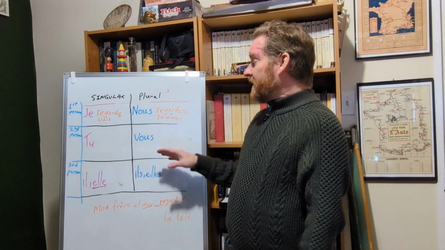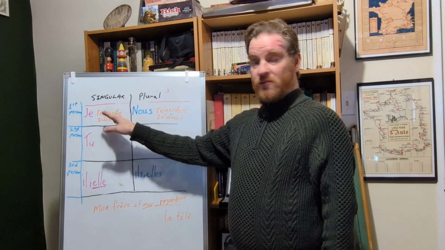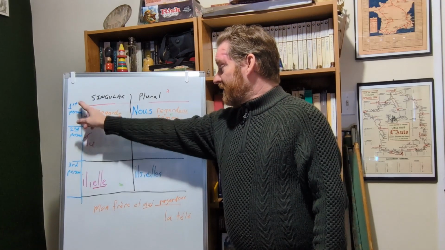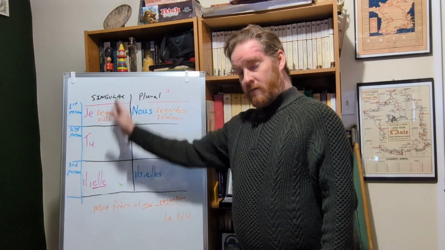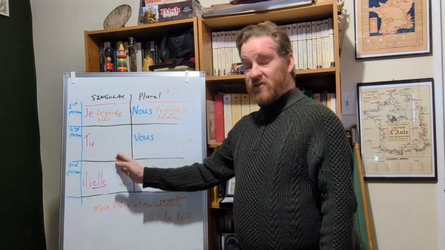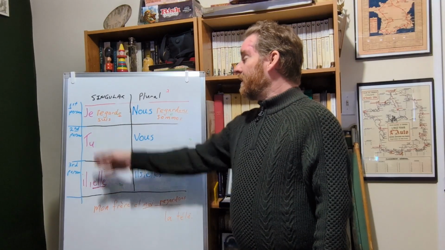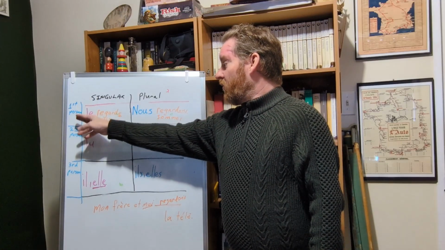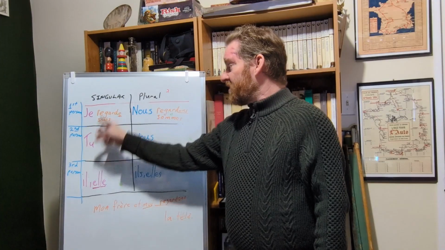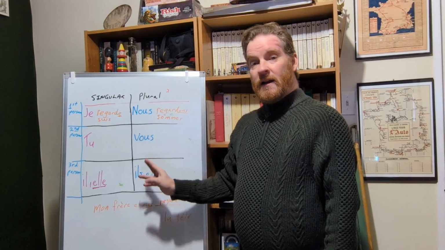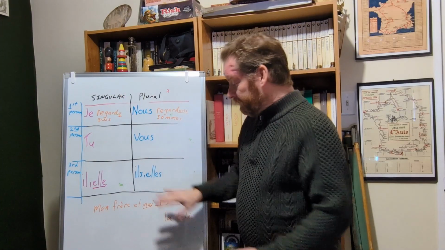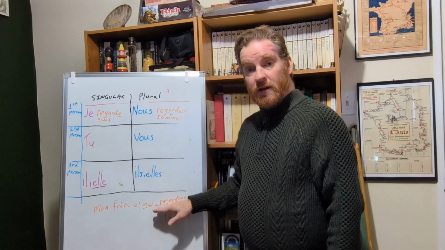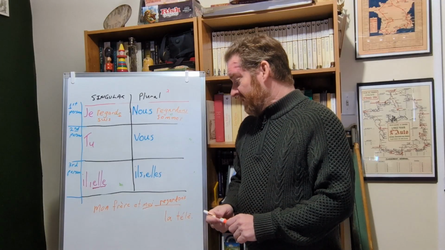Because I really believe that once they understand the mechanics, once they figure out that the subject of the sentence is what the verb has to agree with, and once they figure out that it's either first, second, or third person and in singular or plural, then they are able to figure out how to conjugate the verb into a sentence.